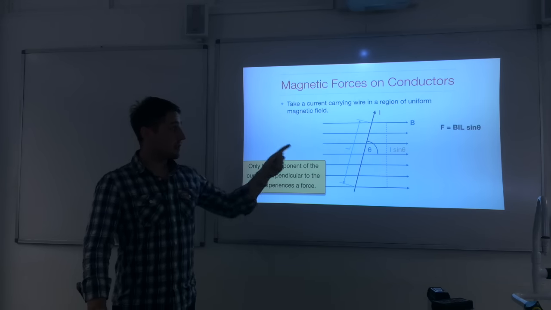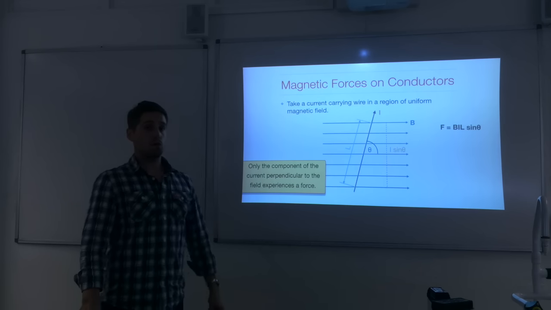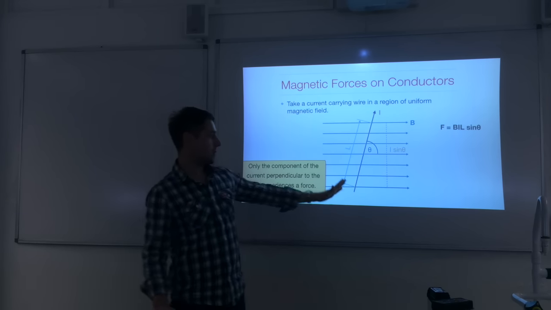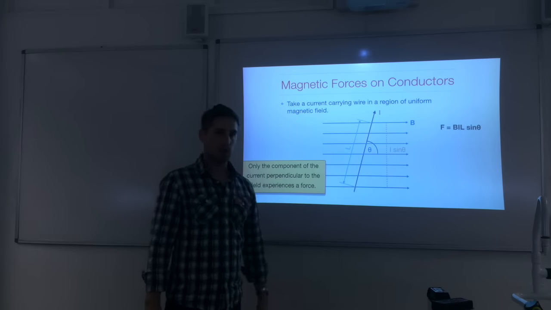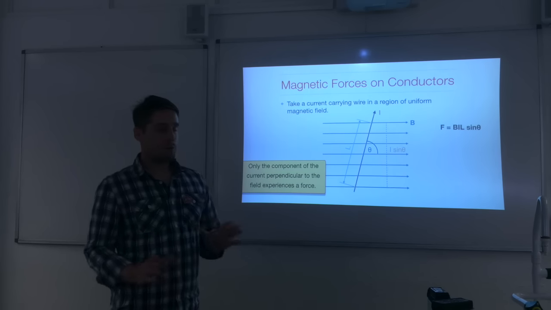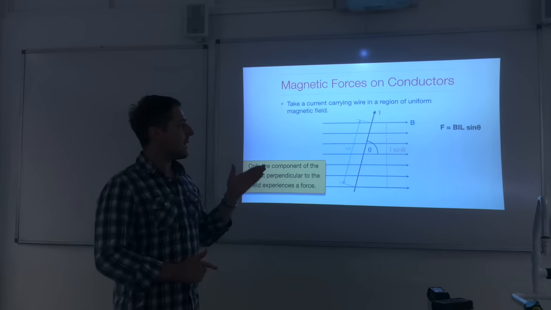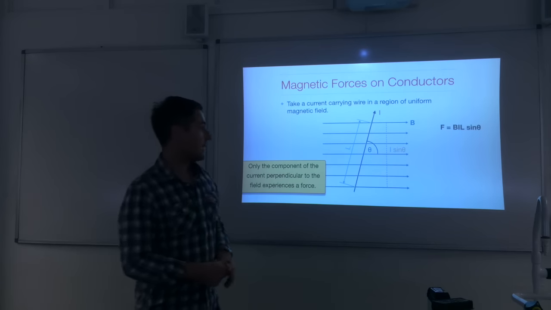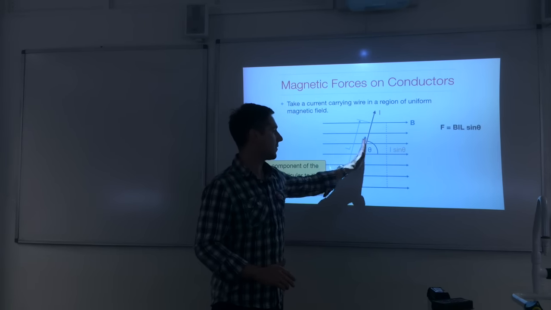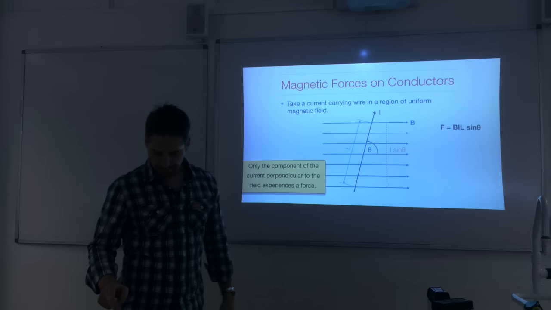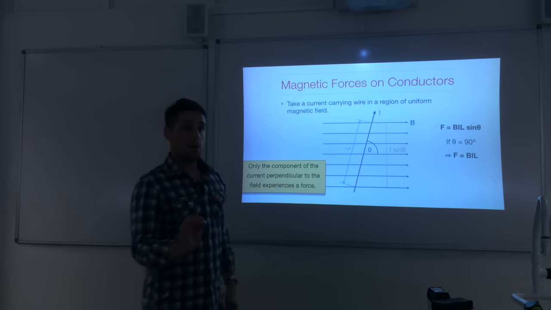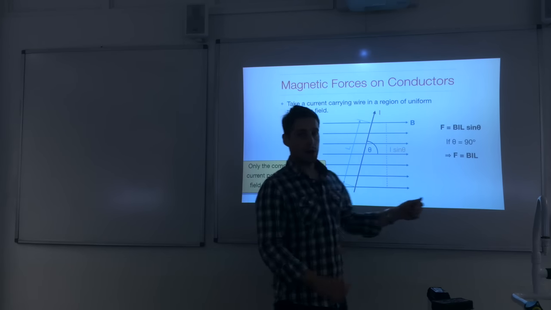So that will tell you the magnitude of the force for a general situation where the wire is at angle theta to the field. Now, you can see if the angle is 90 degrees, so if this was actually vertical in this diagram, then the force would be equal to BIL.